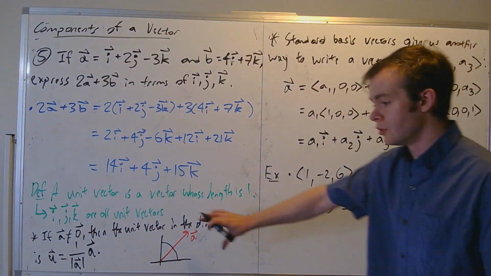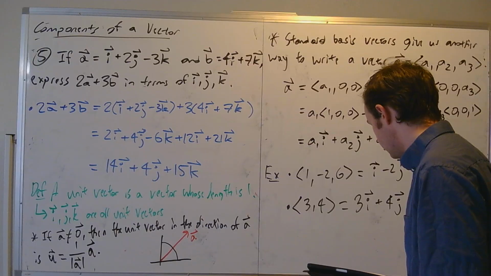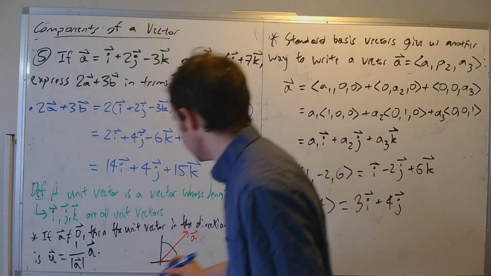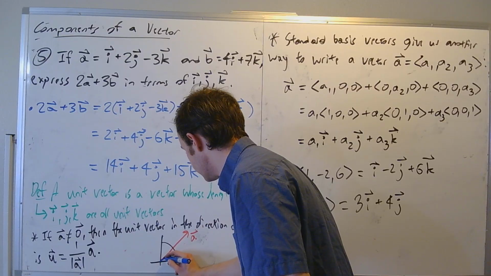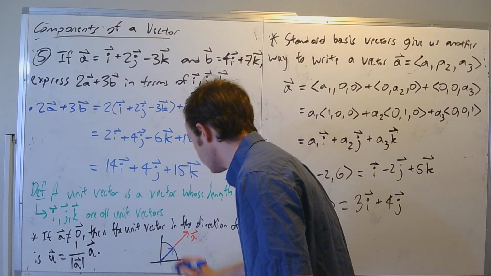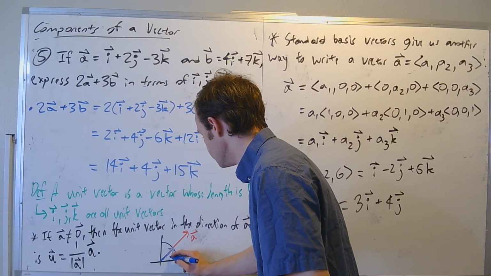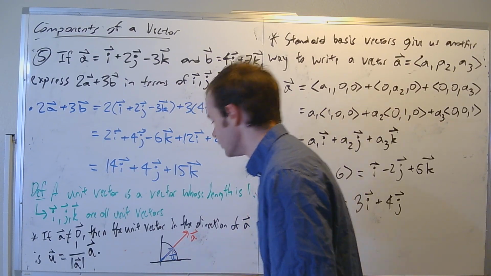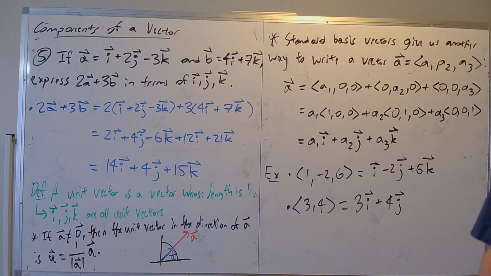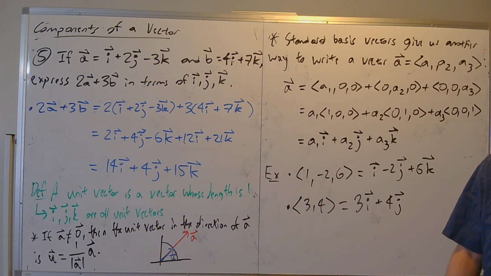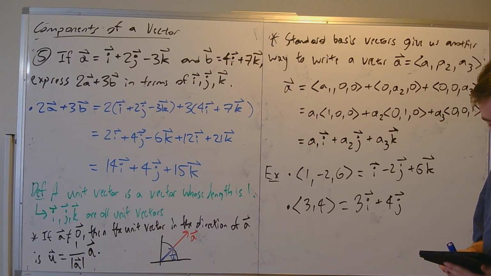So I've just drawn one quadrant of the unit circle. And the vector we get is this vector U that has length 1. But it's going to have the same direction because all you've done is divided it by a positive number. So this blue arrow is going to be our vector U. Okay. So we just take our vector, we divide it by its length, and we get a unit vector, meaning a vector that lies on the unit circle.